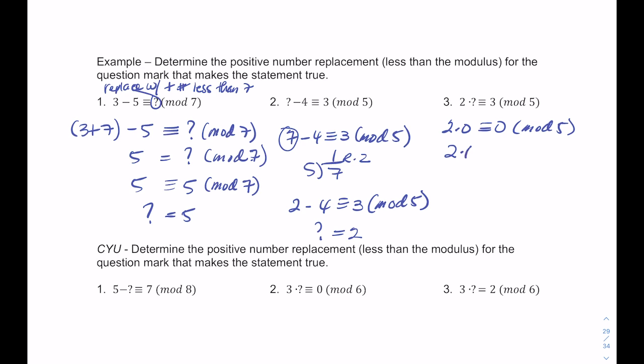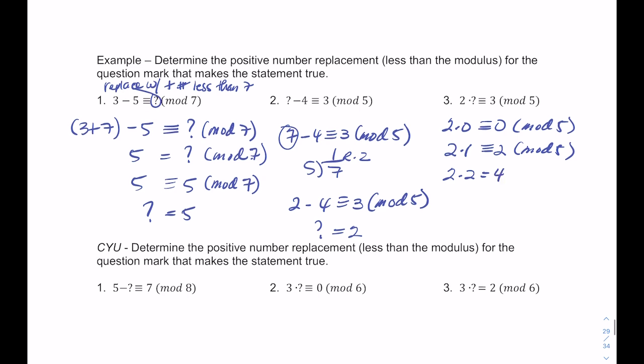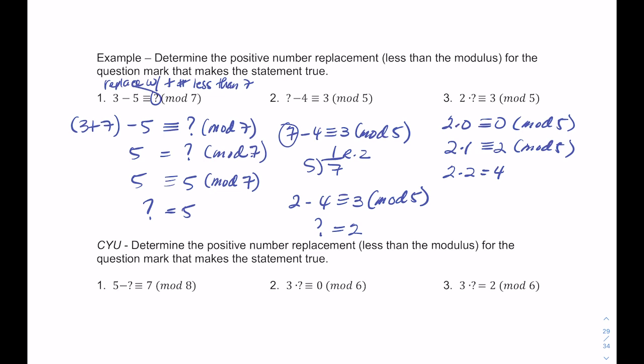If I do 2 times 1, that's just going to equal 2. Sorry, I'm doing 2 times 2 first. So 2 times 2 is 4, and that's okay. Here, 2 times 3 is 6, and 6 is more than 5. That turns into 1, because 5 goes into 6 one time, remainder 1.